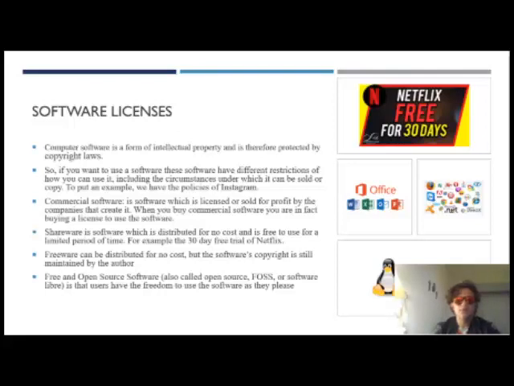And there are many different types of software licenses. First, we have commercial software. It's software which is licensed or sold for profit by the companies that created it. Everybody knows Office. You have to pay for the Office license in order to use its applications.